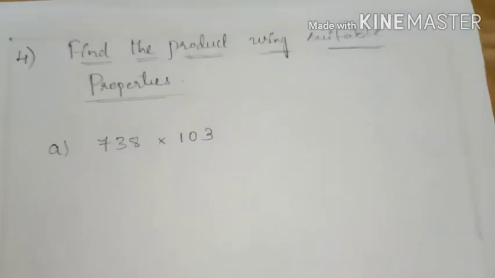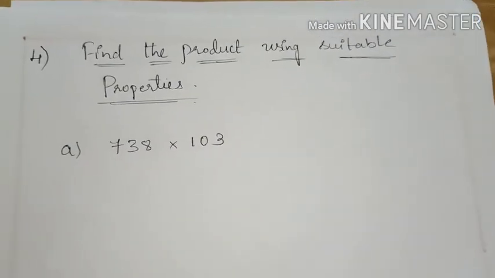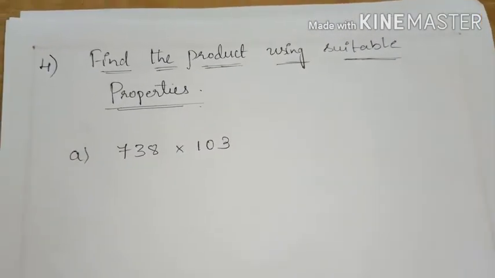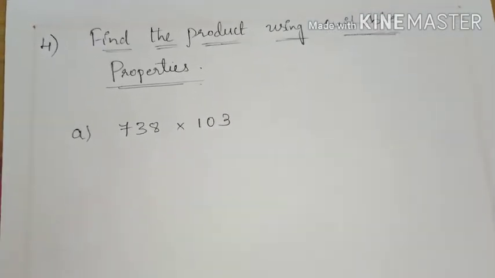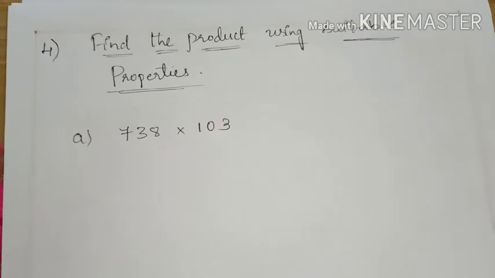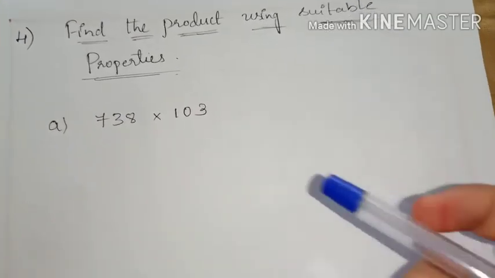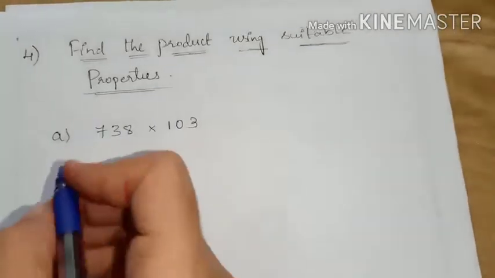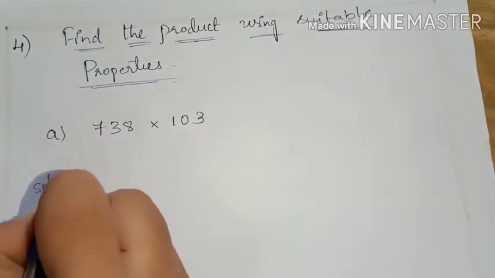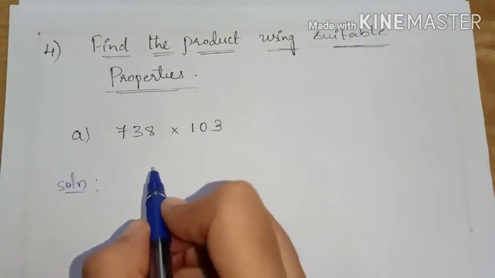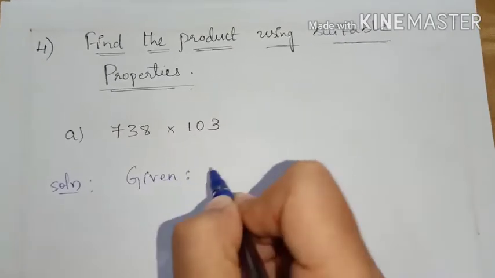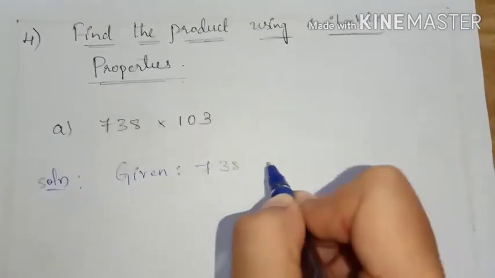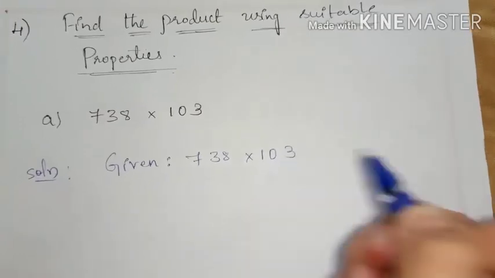Now see the question number 4. Find the product using suitable properties. As we have studied 4 properties now, we can use any one of them as per our convenience to solve this. Okay, write down the solution. Given 738 into 103.